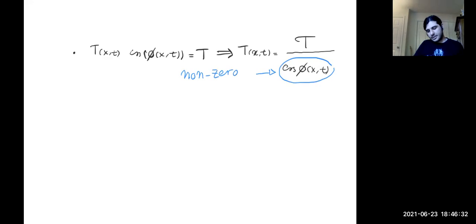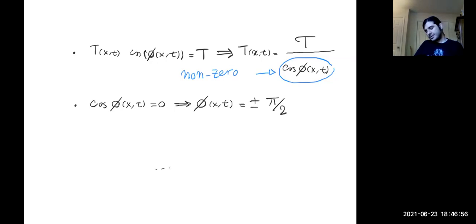Why is this non-zero? Suppose this is zero. Let's see if it's possible for cosine to be zero. What does it mean for cosine of phi at some point x and time t to be zero? It means phi is equal to plus or minus pi over 2, right? But that doesn't seem to be realistic for our string, because if the angle is pi over 2, it means the string is just going up, right?